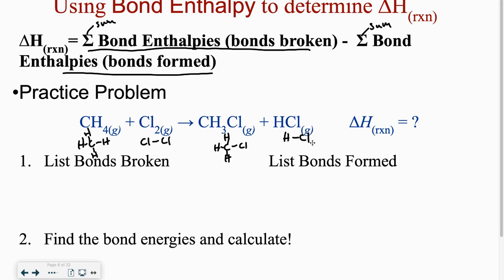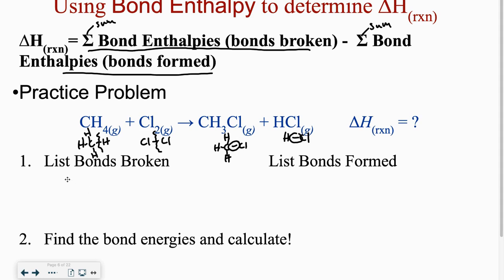So I can see that here, right, here is methane, and in the products, one of the CH bonds has changed into a CCl bond. So we are going to break, I'll do that with a squiggly line there, and we need to break this bond here. We need to form this bond, and we need to form this bond.